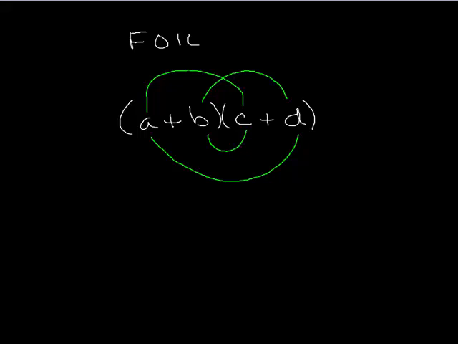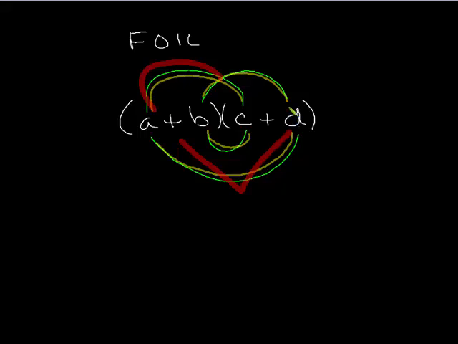It makes sort of like a spiral pattern. If I come around like this, I end up back where I started. Some people also think of it as a heart, with a loop-de-loop in the middle. But that's the pattern using the FOIL method.